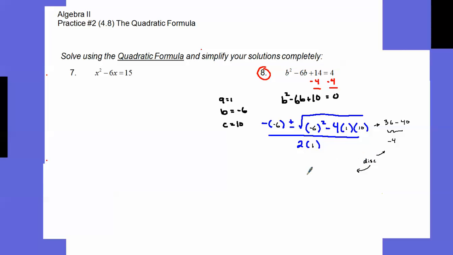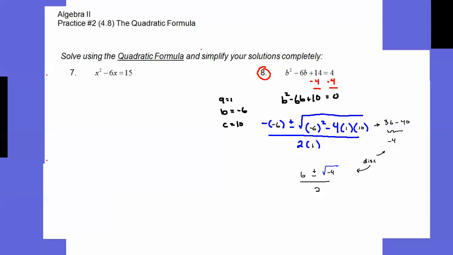This value returns to the square root. -4 is inside. We have plus or minus. Now, minus -6 will give us a +6. We will then have a denominator of 2.